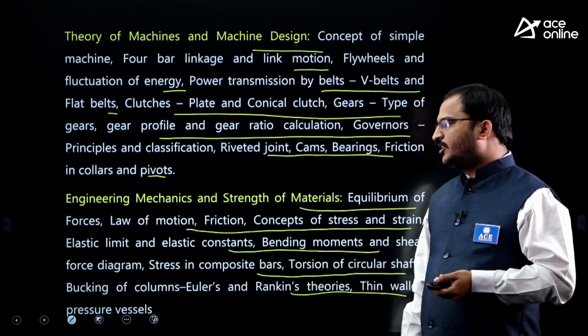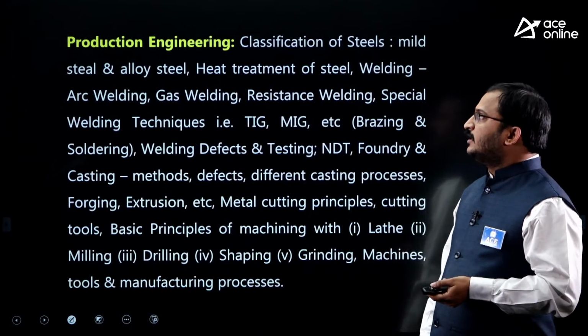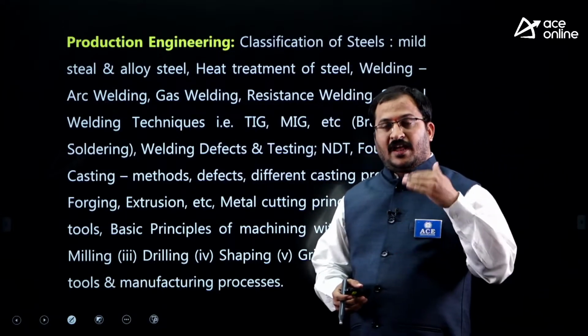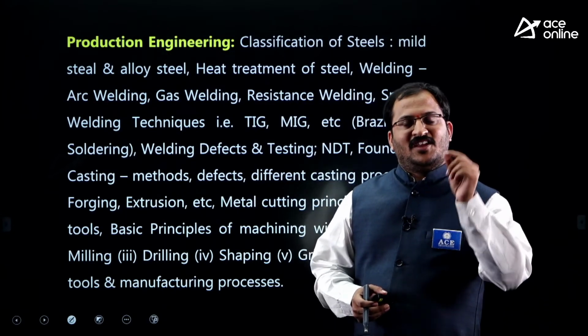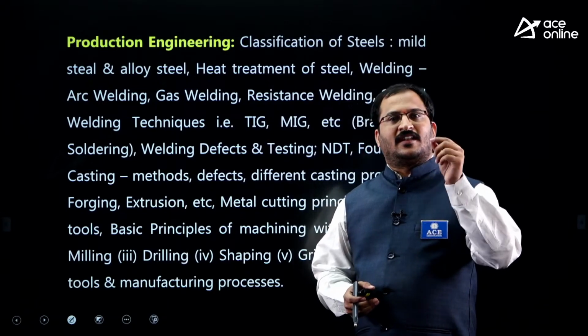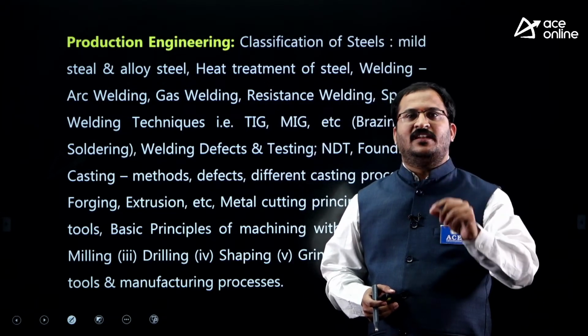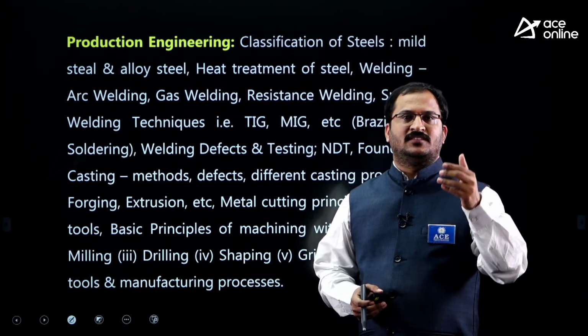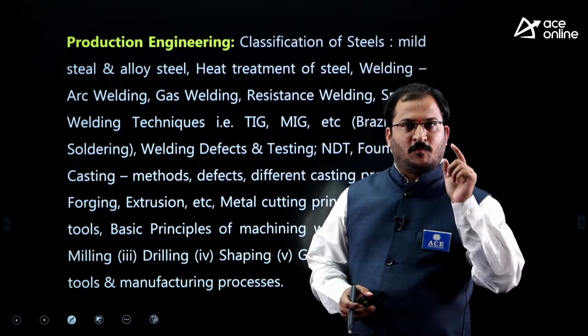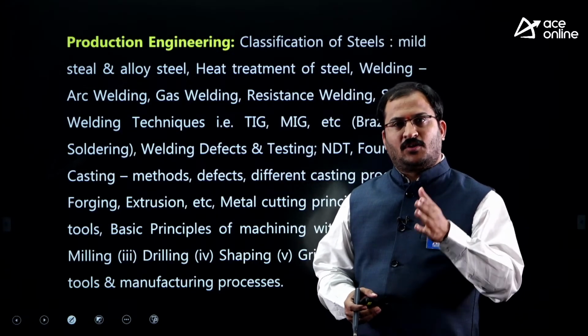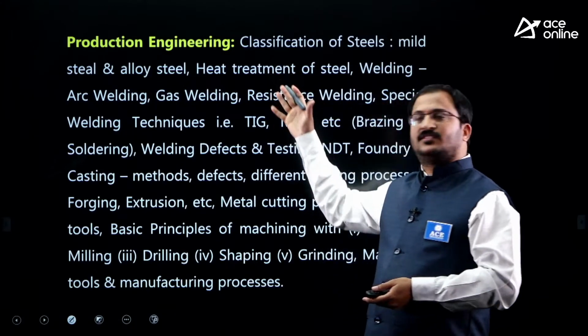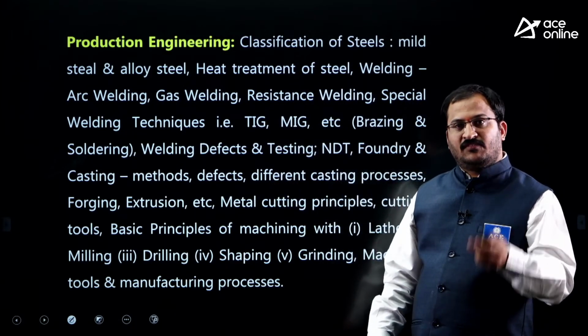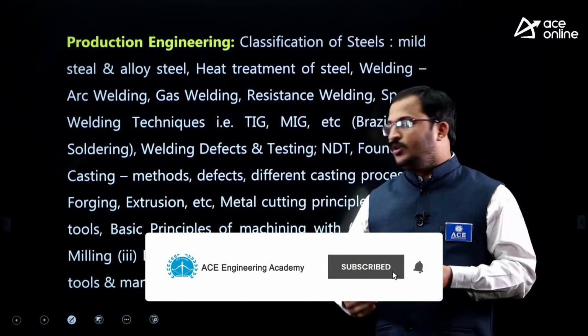So this is the engineering mechanics and strength of materials part. But as I have shown you in paper 1, there is only classification of steels that was given for engineering materials and production engineering part. But in case of paper 2, the total syllabus of production engineering is there, which includes casting, welding, rolling, everything.